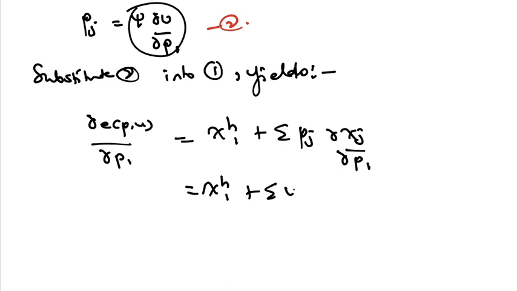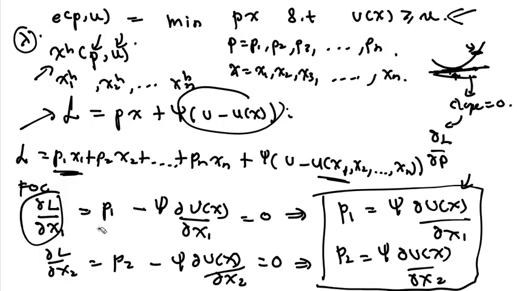So you can get C delta U over delta X1, not P1. Yeah, sorry, I have a mistake here. Shouldn't be P1. If you look back here, X1, X2, you get what I mean? Okay, that's why I said I have a mistake there.